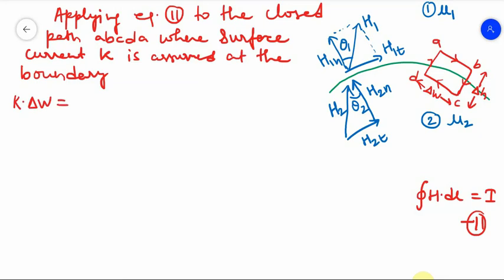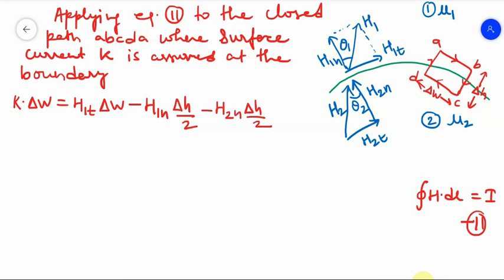So we can write from A to B, H1T is along A to B, so we'll write H1T dot dl. The length is del W, so we'll write del W. For B to C, for the upper half, this is along H1N but the direction is opposite, so we'll write minus H1N into del H by 2. For the lower half, we will write H2N but the direction is opposite, so minus H2N del H by 2.